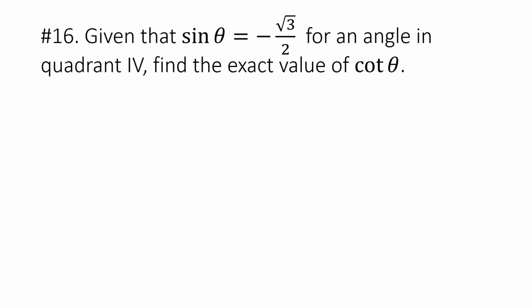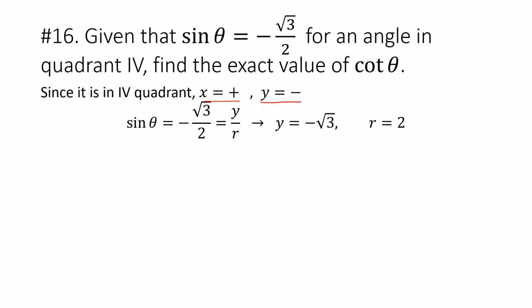Given sine is -√3 over 2 for an angle in the fourth quadrant, find the exact value of cotangent theta. Fourth quadrant means x value is positive, y value is negative, right? And sine is -√3 over 2. Sine is y over r, so y is -√3, r is 2. We have to find x. So x squared plus (-√3) squared equals 4.